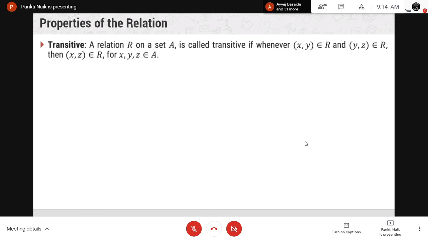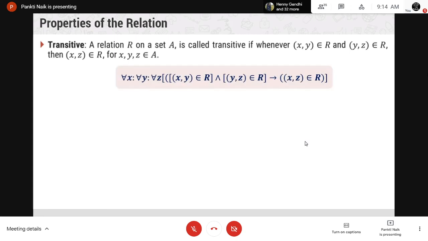A relation R on a set A is called transitive if whenever (x, y) is an element of R and (y, z) is an element of R, then (x, z) is an element of R, for x, y, z members of A. So for every x, y, and z, if (x, y) is in R and (y, z) is in R, then (x, z) is in R.